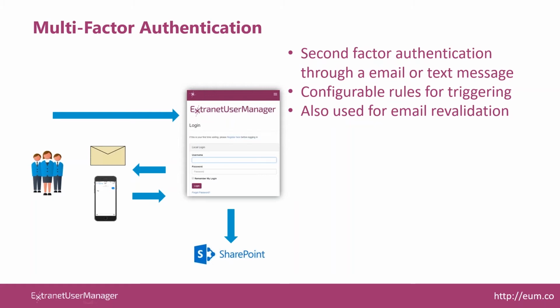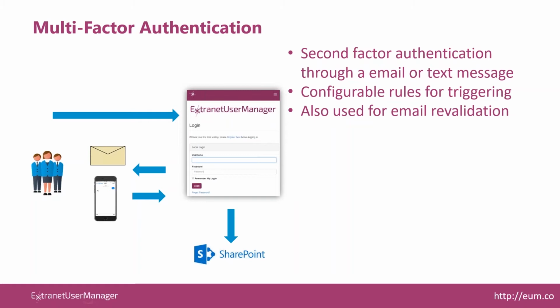We can also use this for email revalidation, which is actually a really important thing. Even if you're using the social identities, making sure that the people that are coming into your extranet still belong to the organizations that they were initially invited into. My email is peter@envisionit.com. Let's say you invite me to your extranet, I start using it. 6 months from now, I move to a new position at a new organization, and I no longer work at Envision IT. You wouldn't know that. There's no way for you to find that out, and typically organizations aren't going to tell their partners, hey, this person has left our organization, you need to remove them from your systems.